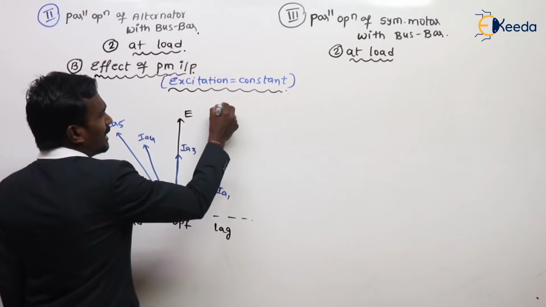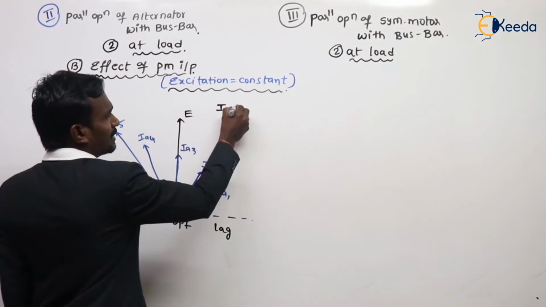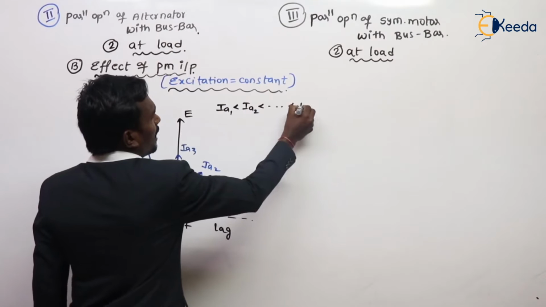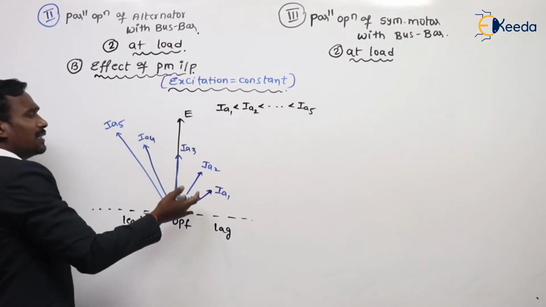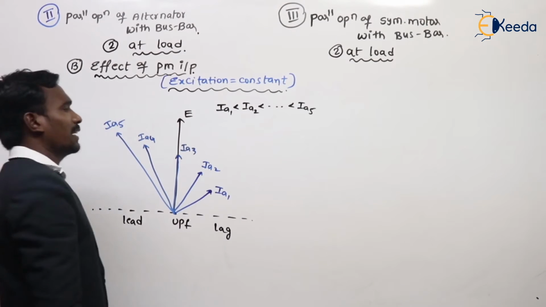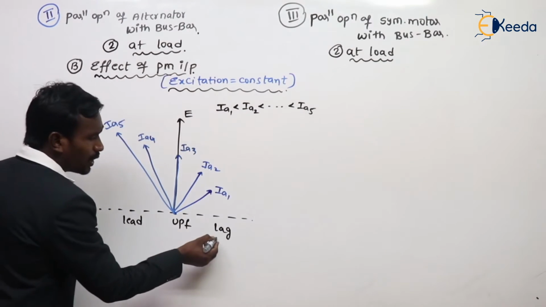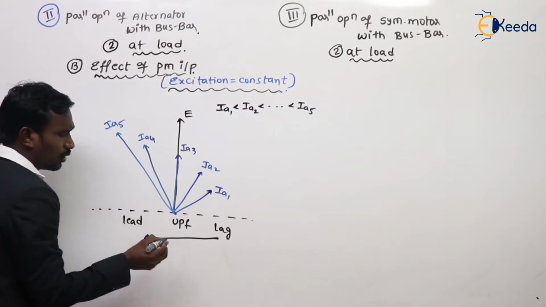Here, IA1, the initial normal load condition, is less than IA2, which is less than IA5. When the prime mover input increases, the current increases. This goes from lagging load to leading load.